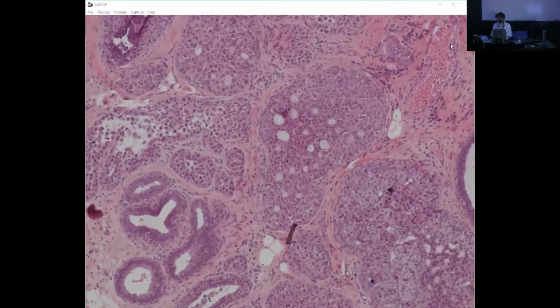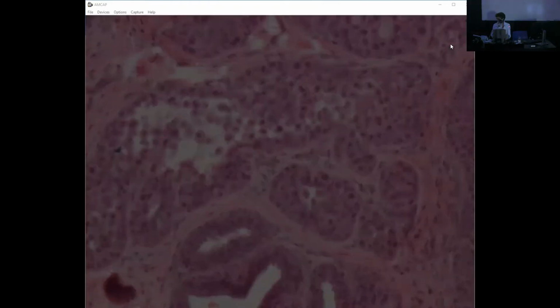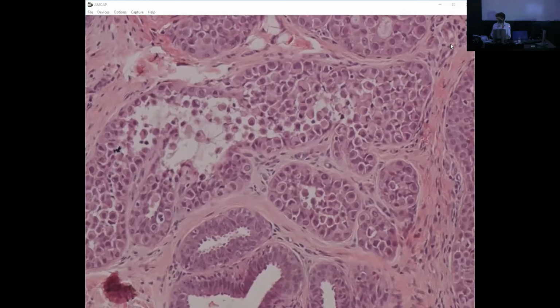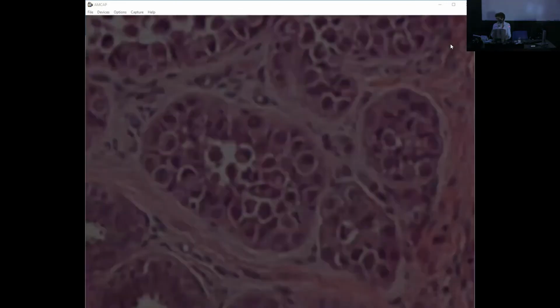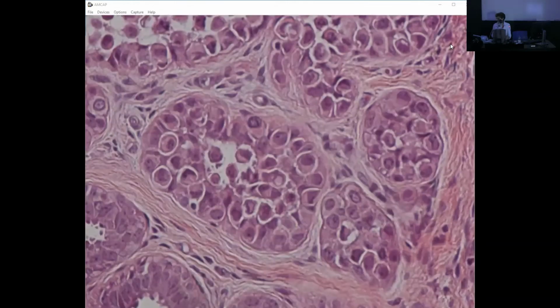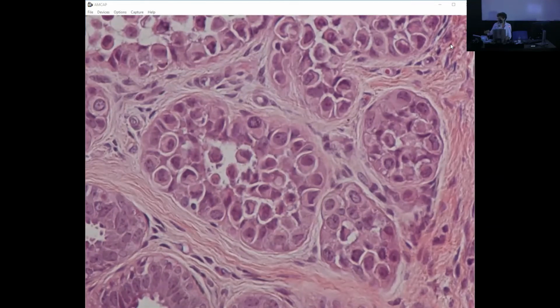So yet another case. This one has a little bit of nuclear enlargement, a little more pleomorphic, I don't know, but definitely focally the nuclei are a bit enlarged. So would this be enough for pleomorphic LCIS?